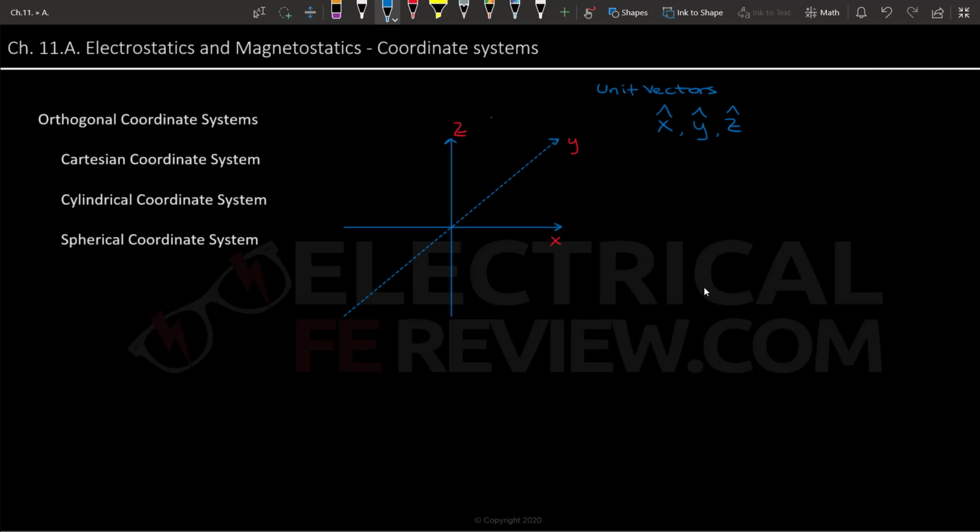That's totally fine. And a vector is written in vector form with the X component, the Y component, and the Z component. There is not much else to explain about Cartesian coordinate systems, since we've been covering this for a very long time, and you should be familiar with this one.